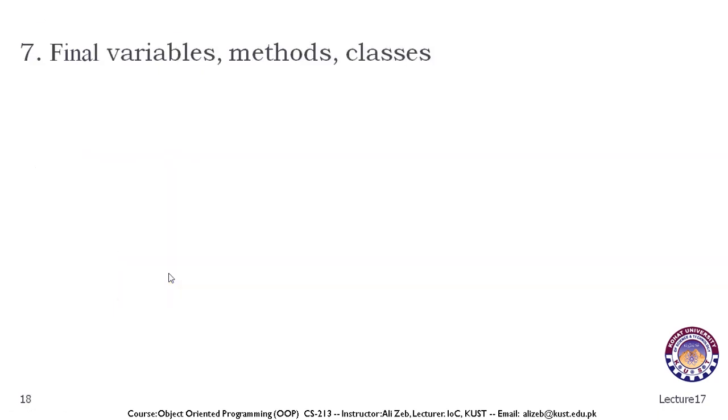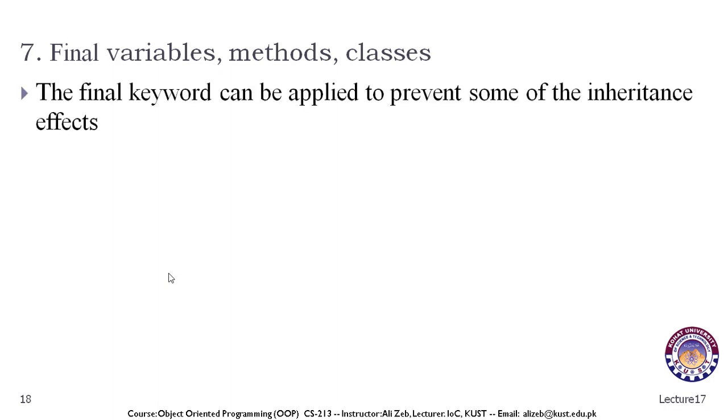And finally, we'll look at final variables, methods, and classes briefly. The final keyword can be applied to prevent some of the inheritance effects. Now, when we use inheritance, we said that all of the methods and data members of the superclass, especially the non-private ones, are inherited by the subclass.